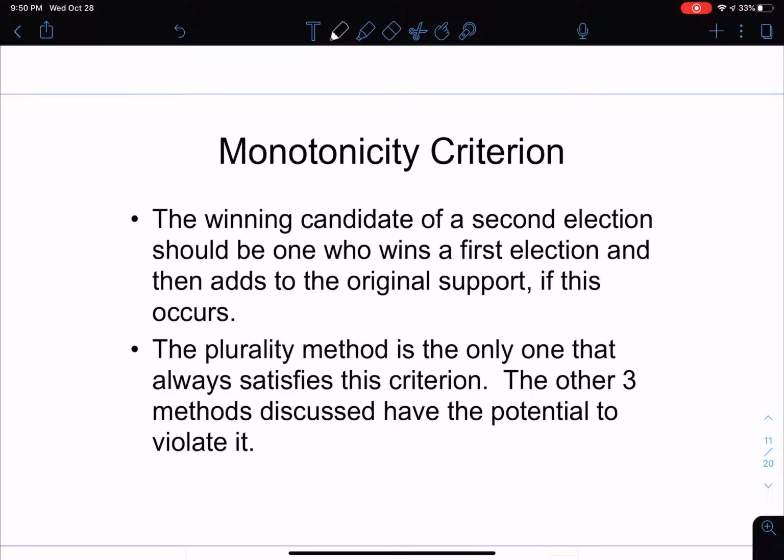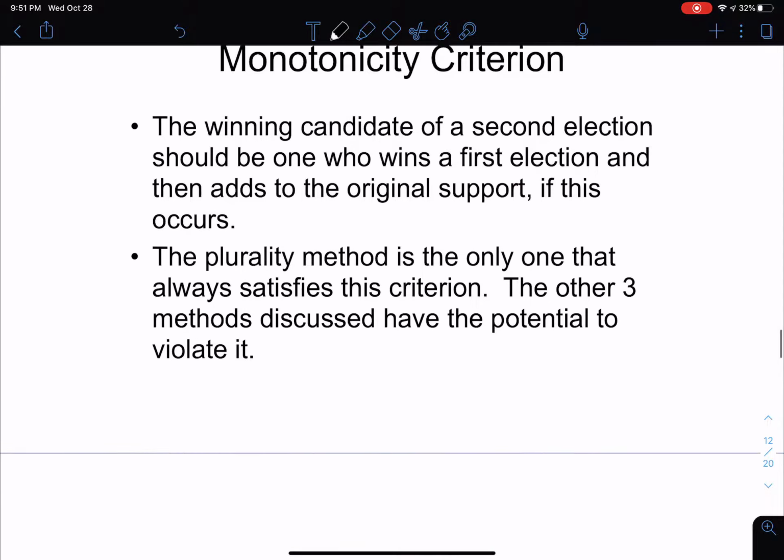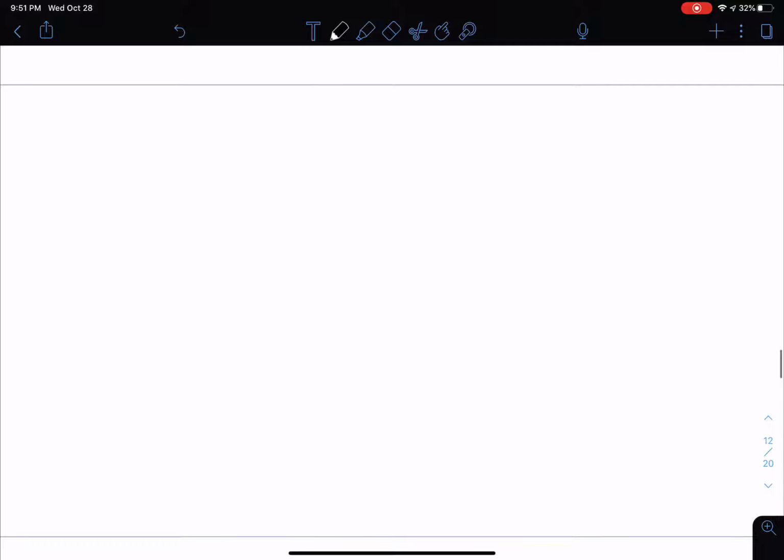Okay, so let me pull up an example to do with that one. All right. Let's say we have 17 voters with these rankings.